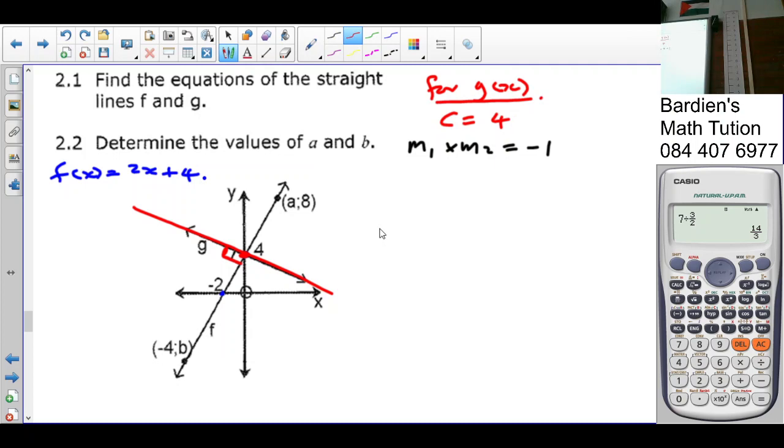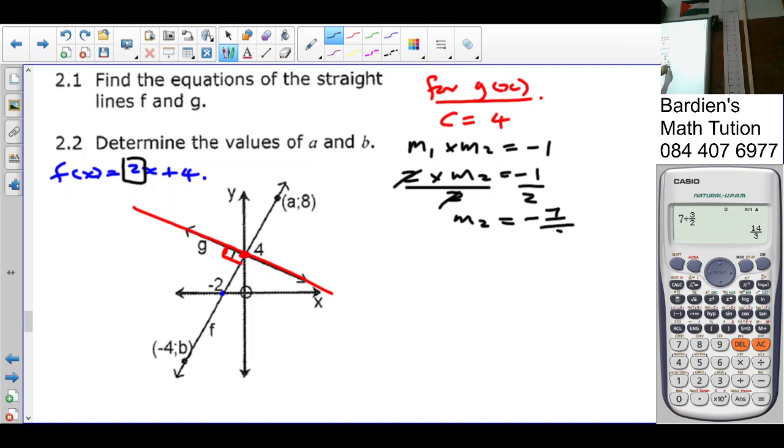So what's the gradient of the first line that you have? What was the gradient of the first line? 2, yes. So it's 2 times the second line equals negative 1. To get the gradient of the second line, you get m2 on its own, which is negative 1 over 2.